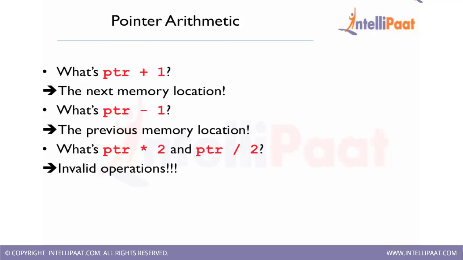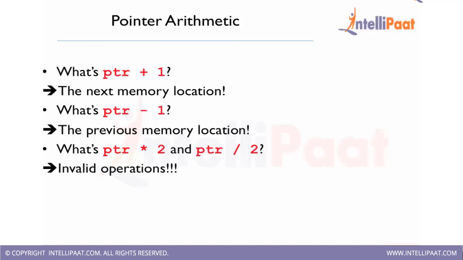Suppose my memory location is say 1001, and I say pointer plus 1, it will not give me 1002. It will add the size of an integer to 1001. Suppose the size of an integer is 4 bytes, it will give me 1001 plus 4 bytes.